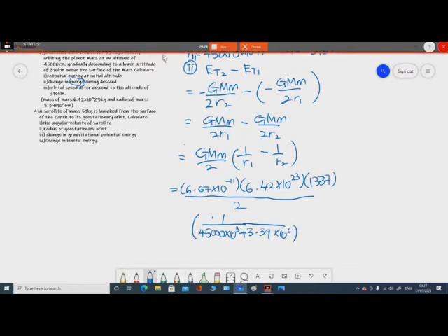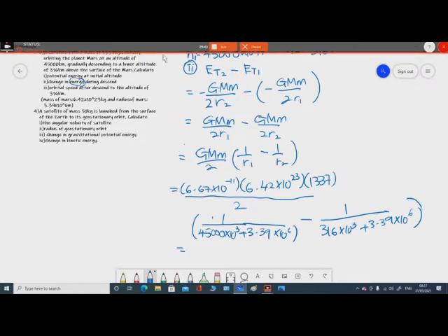Okay, subtract by 316 times 10 to the power of 3 plus 3.39 times 10 to the power of 6 for the radius of Mars.